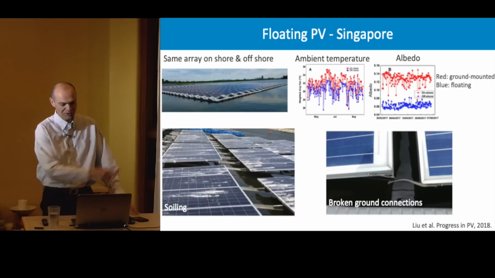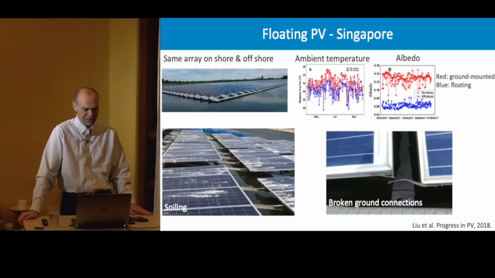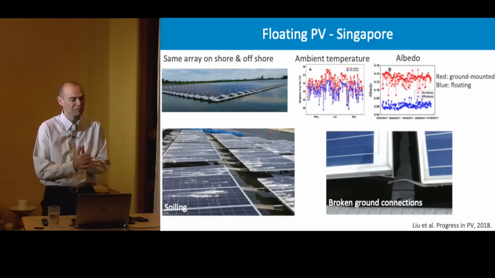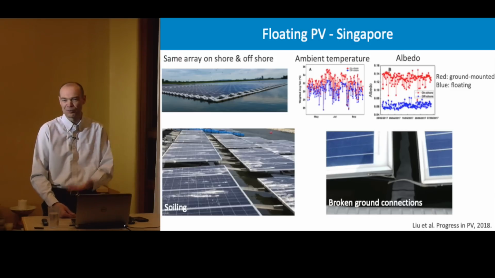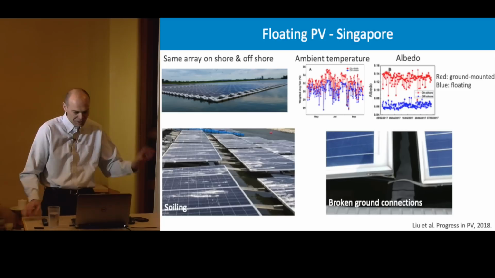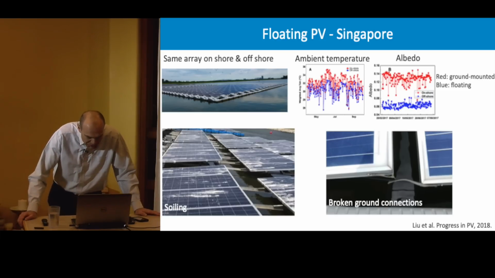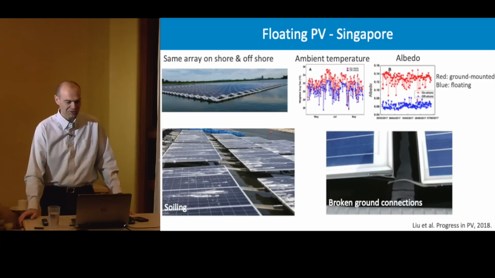I'm glad you asked because the graph is right there. So this is a study from Singapore where they actually have the same type of modules and array on water, on ground, and on a roof, which is very interesting. And in the middle graph, you see the ambient temperature. I have a hard time reading this on my screen here, but I think red is onshore, and blue is offshore.